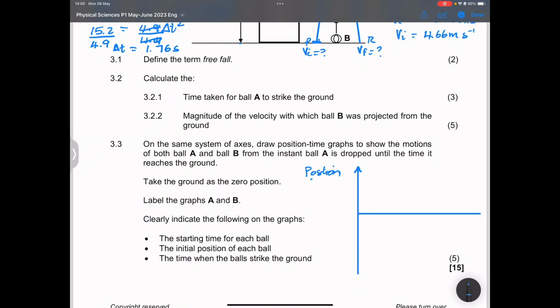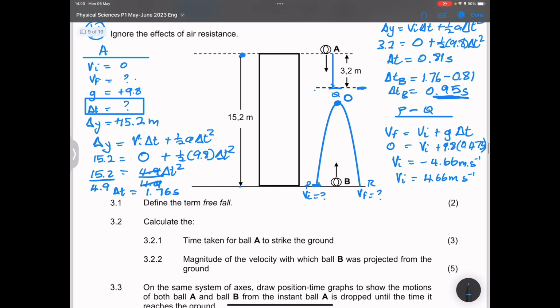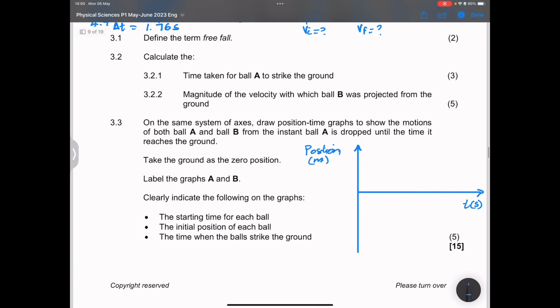Position is in meters, and time is in seconds. Let's start with A. I'm going to use a blue color for A. A was simply dropped from that position above the ground, in this case 15.2. So this would be the position versus time graph.